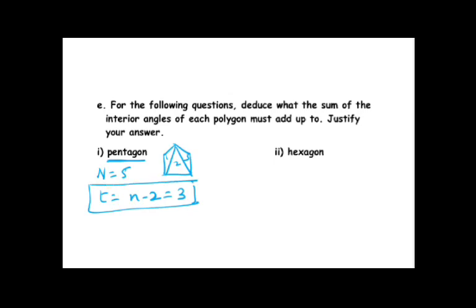So they have to say what is the total of the interior angles. What is the sum of the interior angles? I have a formula for this. So sum of interior angles is equal to, first of all, you calculate the number of triangles that we've done here.